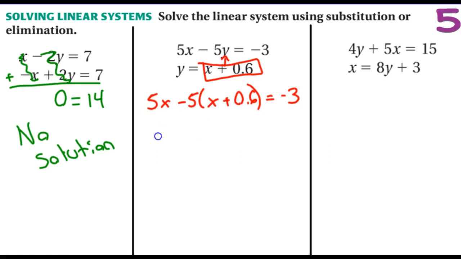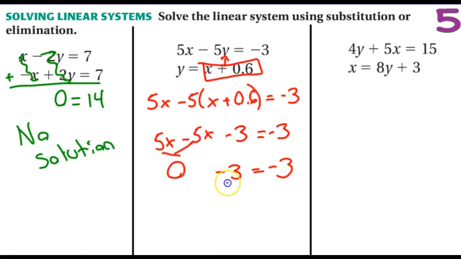So 5x minus 5x and negative 5 times 0.6 gives us a negative 3. 5x minus 5x gives us 0. Negative 3 then equals negative 3. That's true. This has infinitely many solutions because they are the same line.